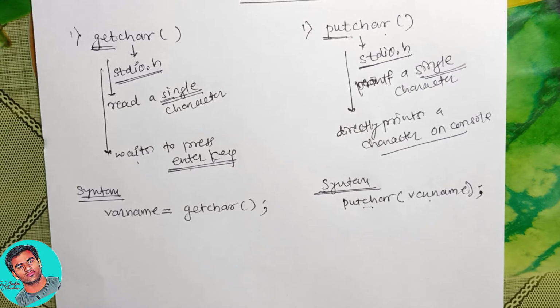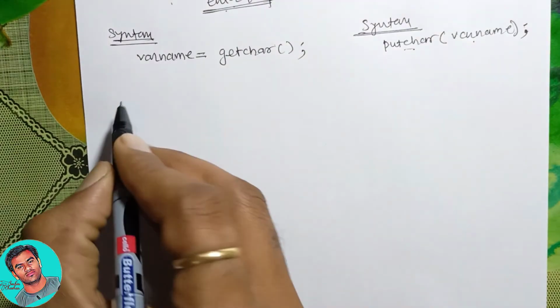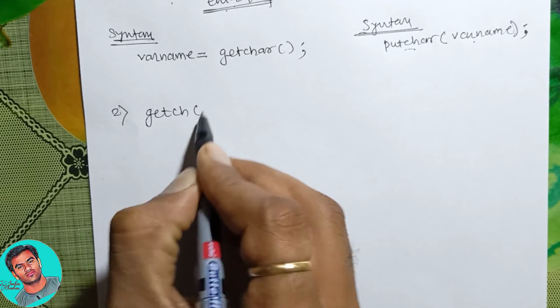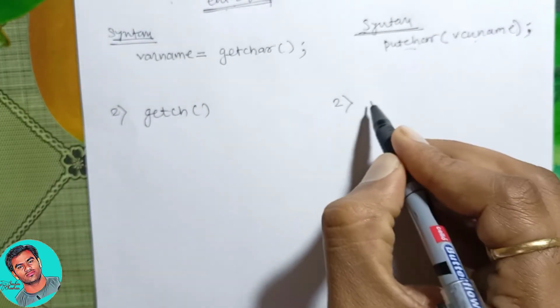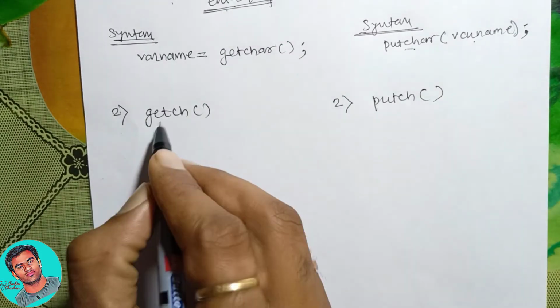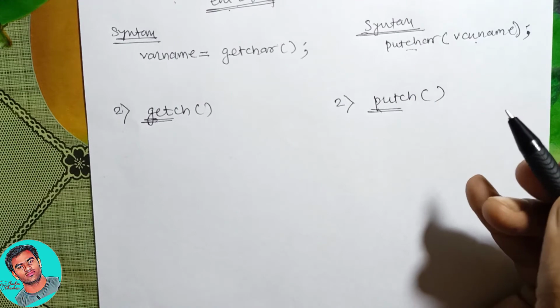Now we move to the next one, the getch statement, and exactly the same, the putch statement. Getch is for getting a character and putch is for printing a character.